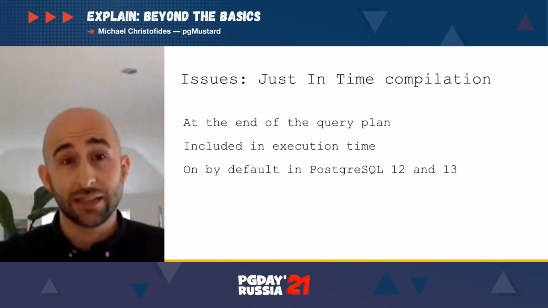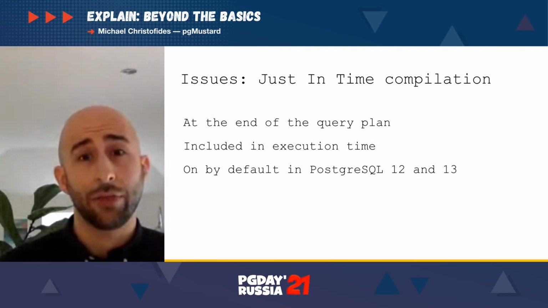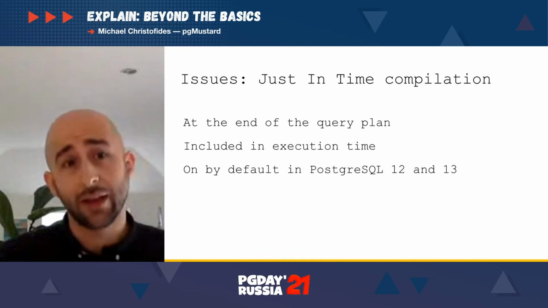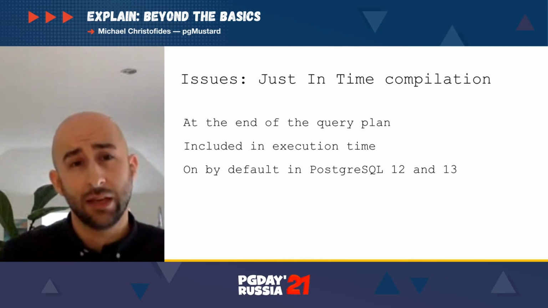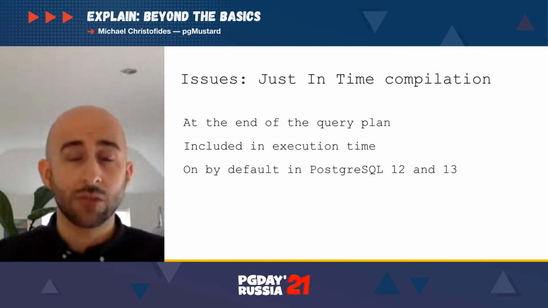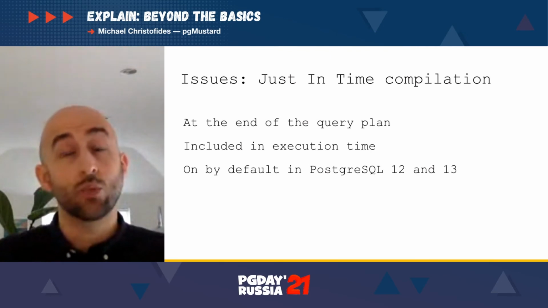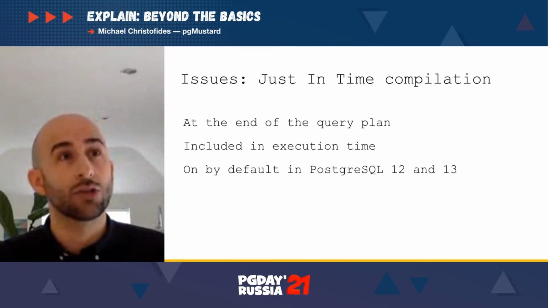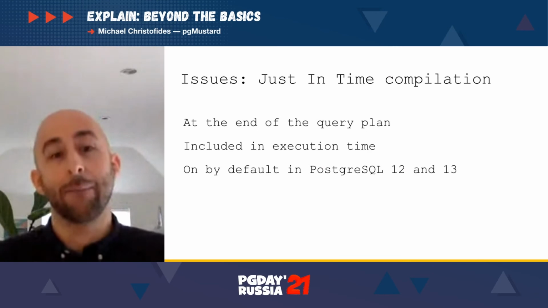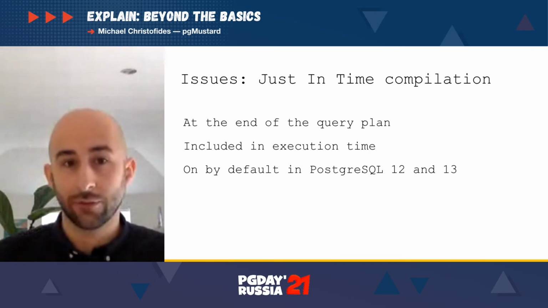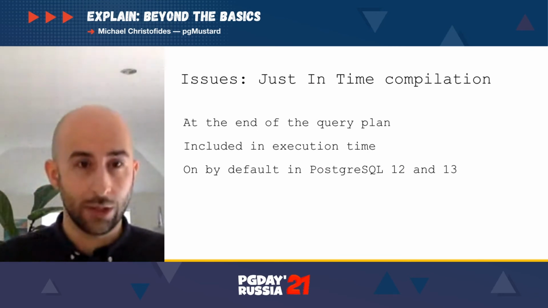Great. The second of the three that you can see in that summary section at the bottom is JIT, or just-in-time compilation. This was added in Postgres 10, but turned on by default from Postgres 12 onwards.